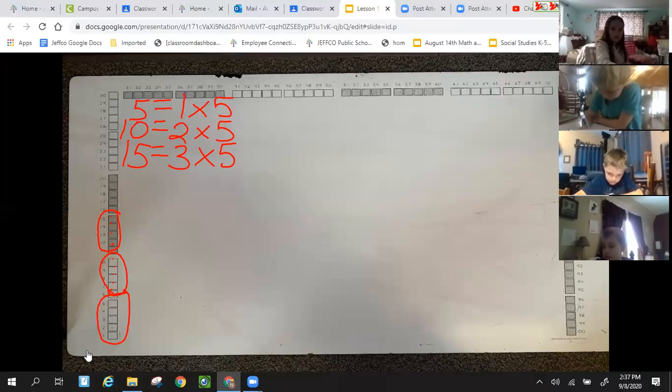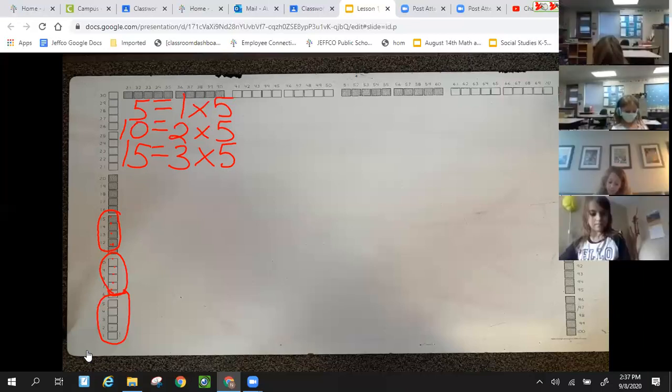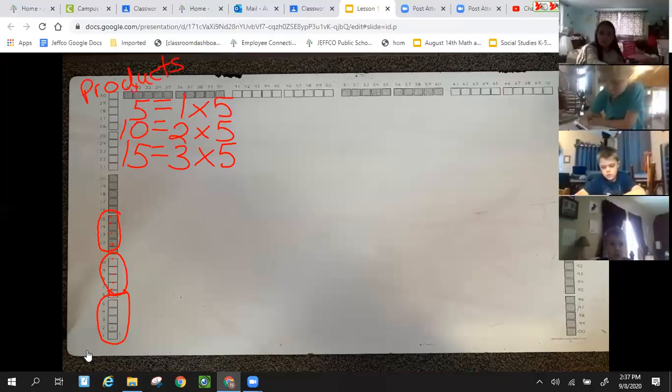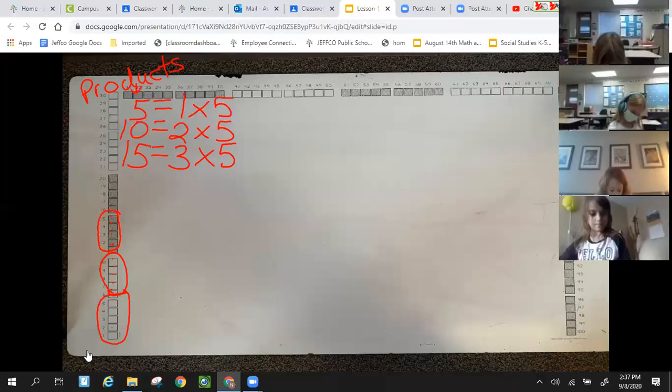Looking good. So on the side here, I'm going to introduce a new word for you. The answer to these multiplication equations or problems are called products. So 5, 10, and 15, there are count 5s, but they're the products. So let's say that word in a high, squeaky voice.